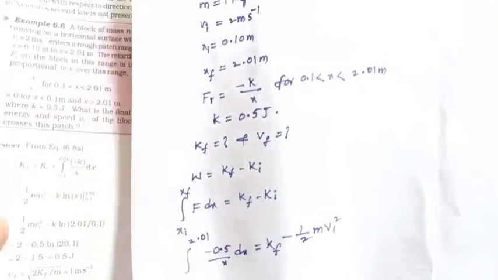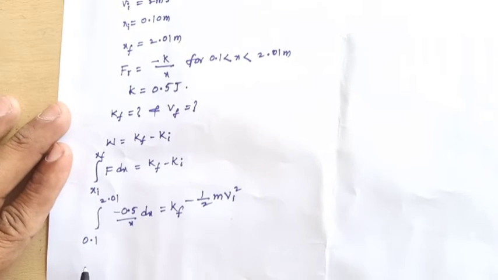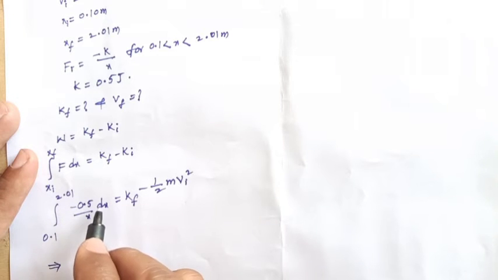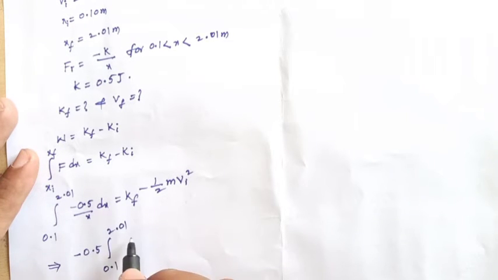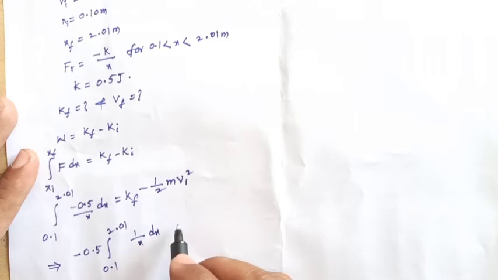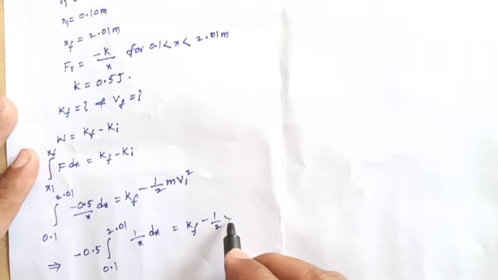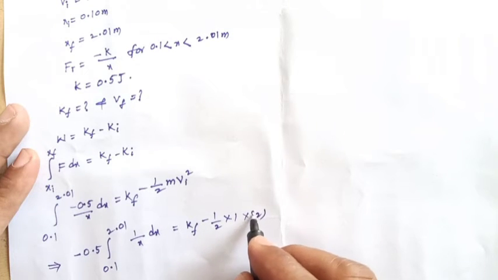That implies minus 0.5 is a constant and is taken outside, the integration from 0.1 to 2.01 of 1 by x dx equals Kf minus half of m equals 1 and vi equals 2, whole square.